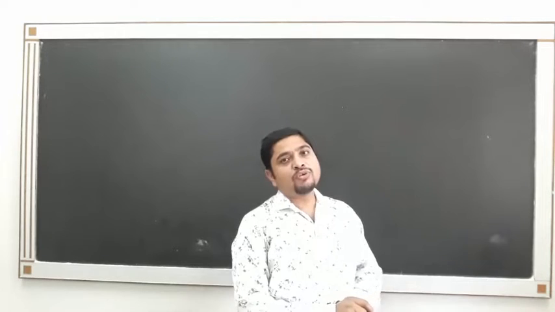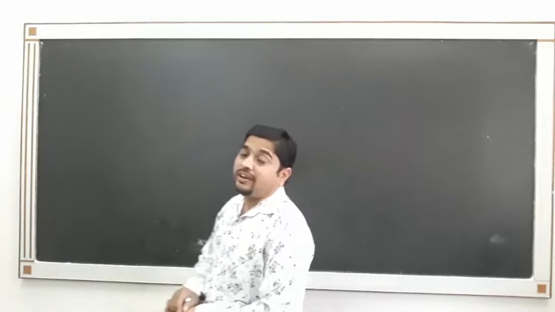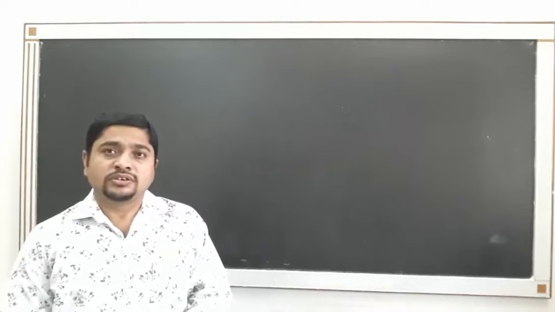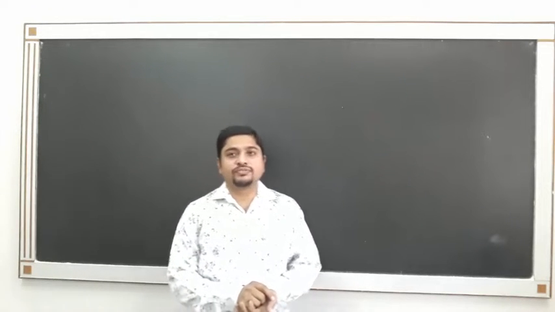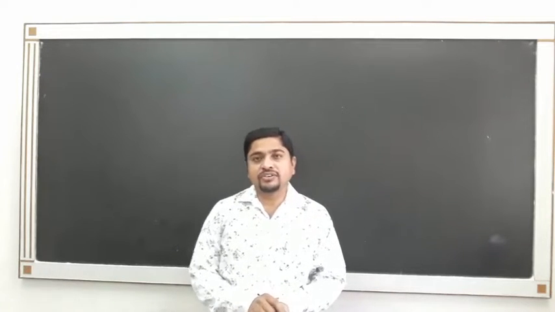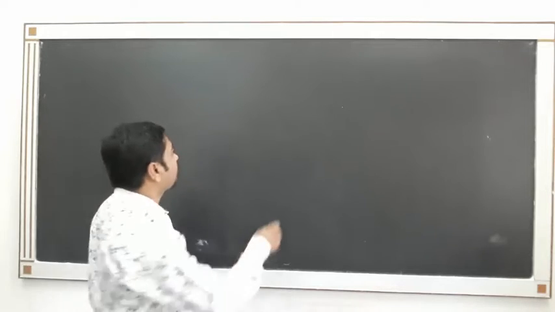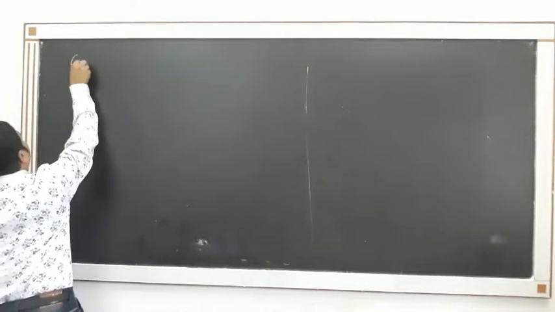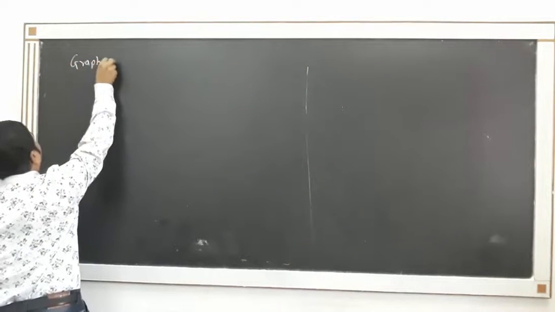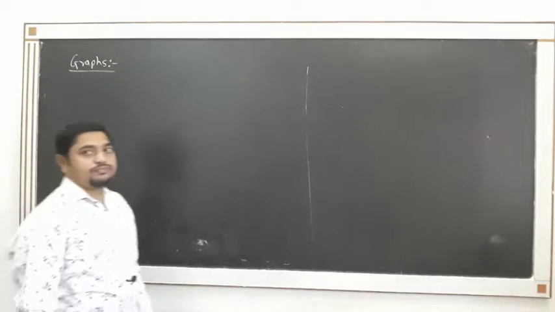There is one more way of visualizing the behavior of a function, which is its graph. So in today's session we discuss the graph of the function. Our topic is graph.